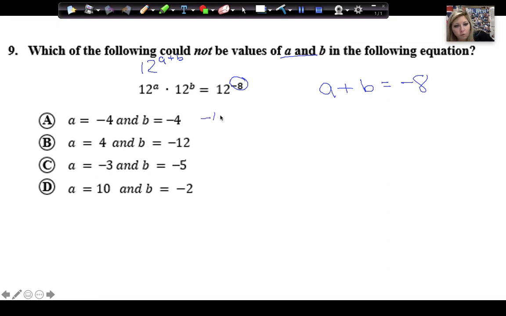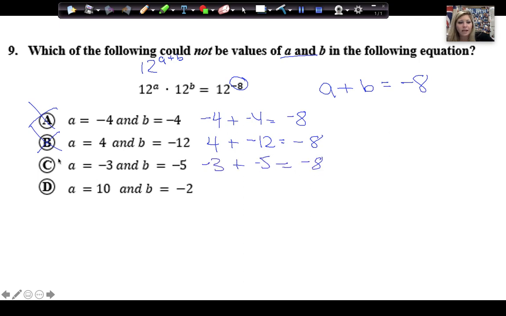Well, -4 plus -4 equals -8. So that's not our answer. 4 plus -12 also equals -8. -3 plus -5 also equals -8. And 10 plus -2 equals 8. So our answer choice here is D.